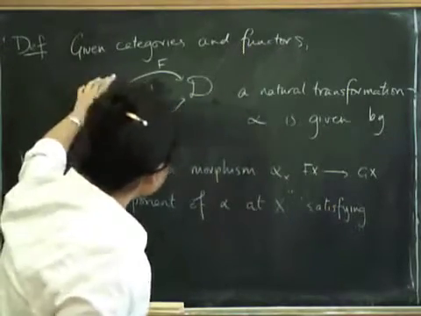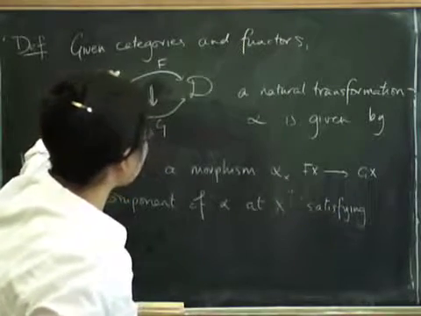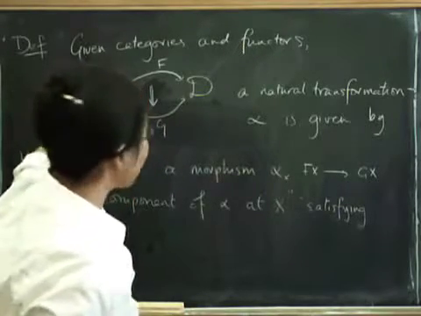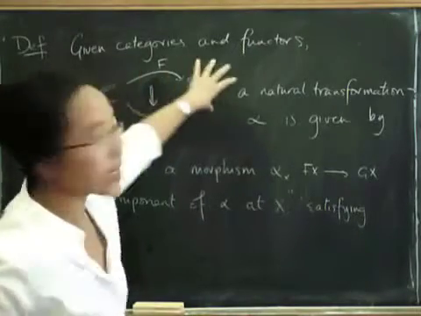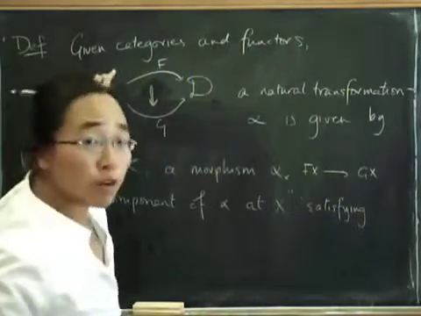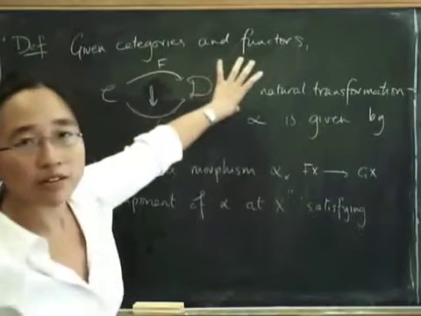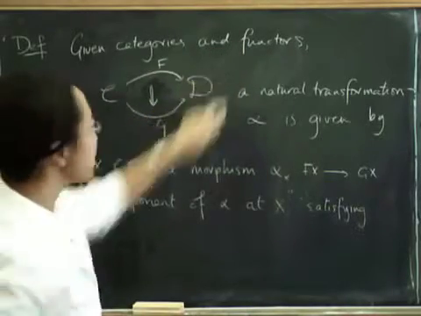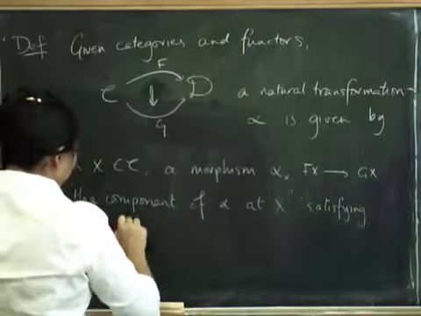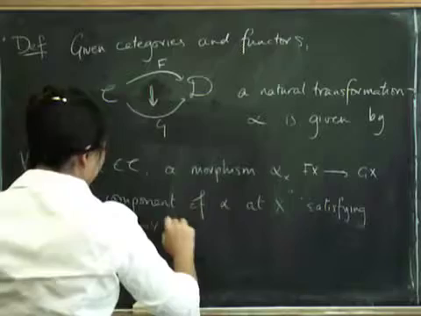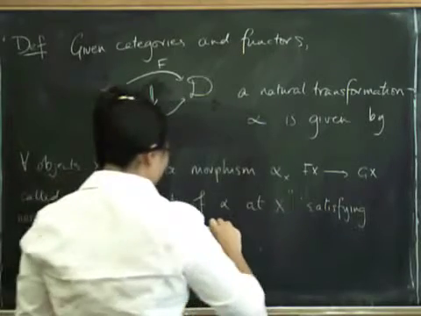So we're talking about categories and functors, so we're probably thinking about objects and morphisms. And the point is that a natural transformation says, for every object in C, we get something over here, and for every morphism in C, we get something else over here. So for the morphisms, what is it that we get over there? For all morphisms f going from X to Y in C, the following diagram commutes.